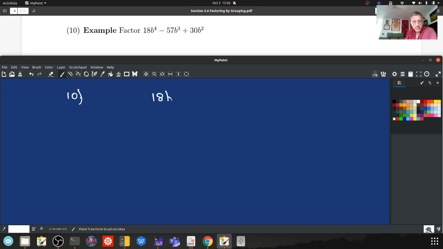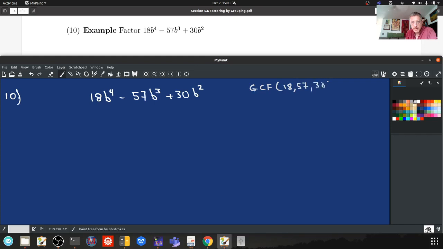18b to the 4th minus 57b cubed plus 30b squared. So I have to find the GCF of my coefficients and then times the GCF of my variable terms.